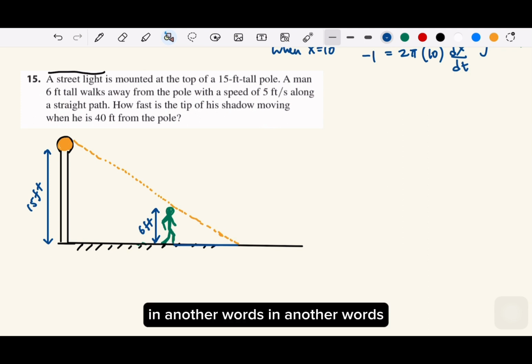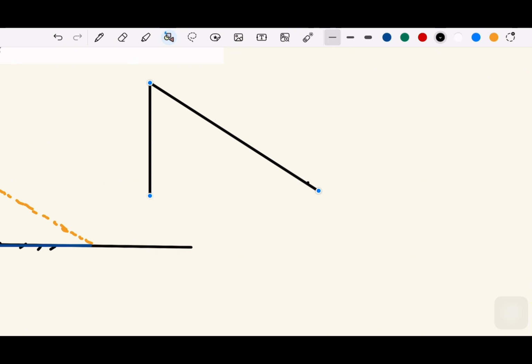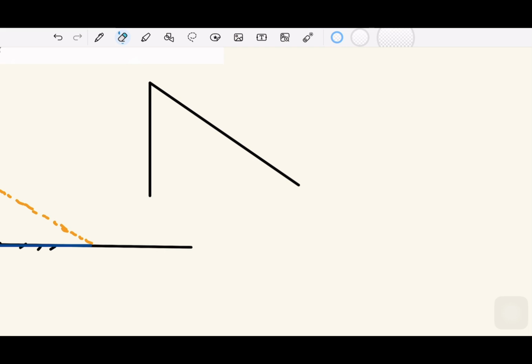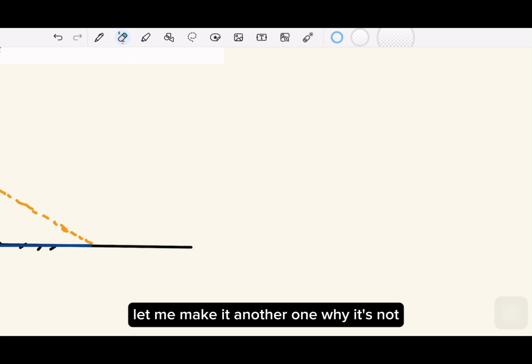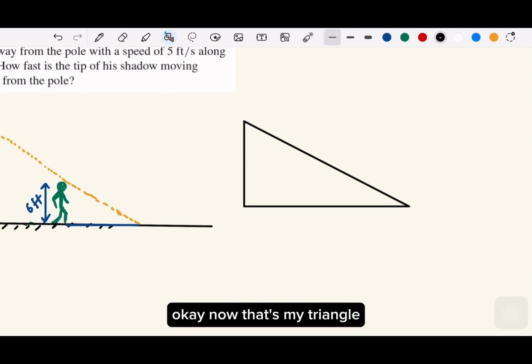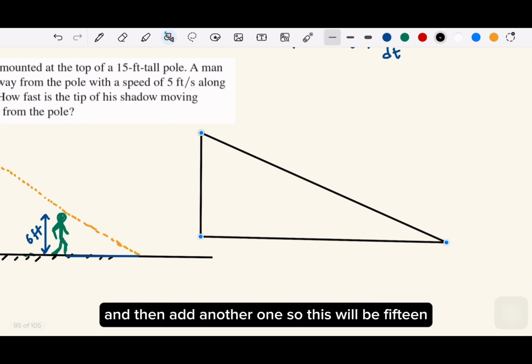In other words, we can draw a simple triangle. Okay, maybe that's bad. Let me make another one. Okay, now that's my triangle. And then add another one. So this will be 15.